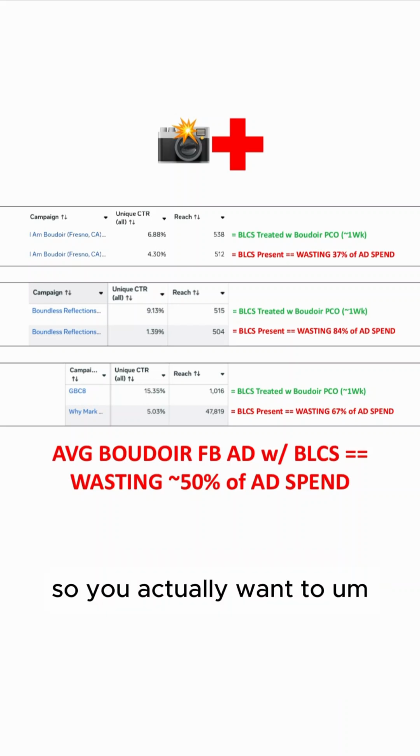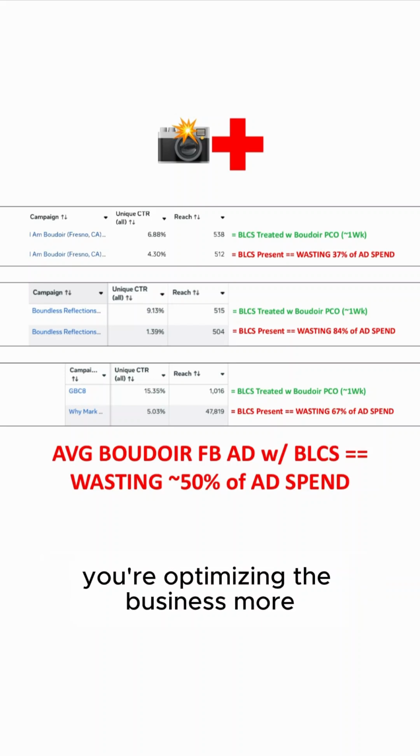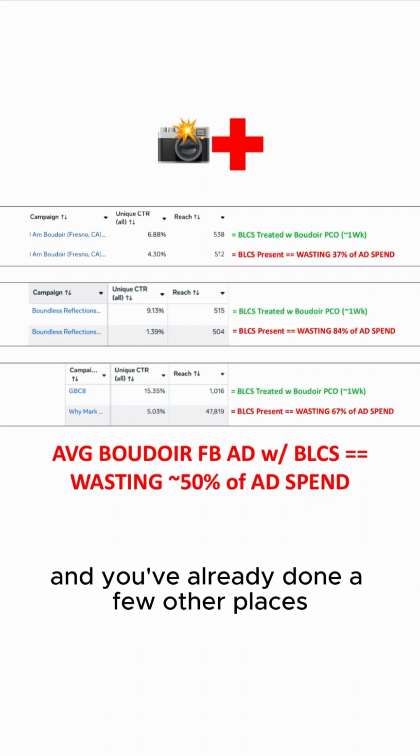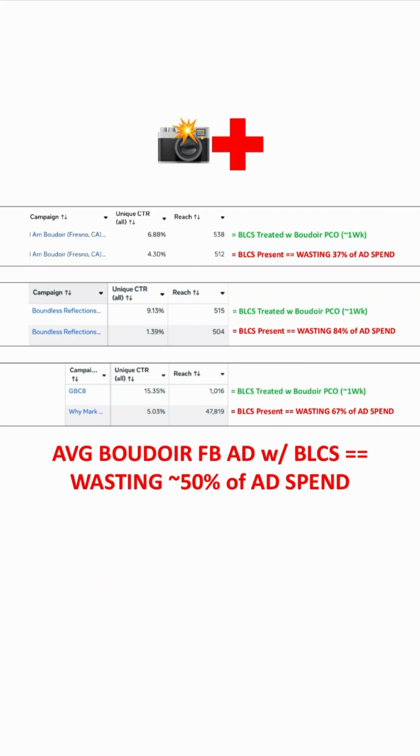So you actually want to pull more profit out of the business for the same effort, optimizing it more. And you've already done it a few other places, but now you really want to do it for boudoir Facebook ads, really plug the leaks, be as efficient as possible, and stop wasting all the money.